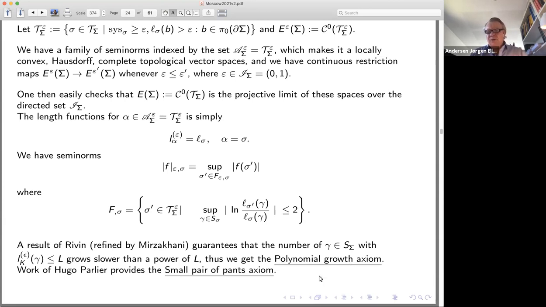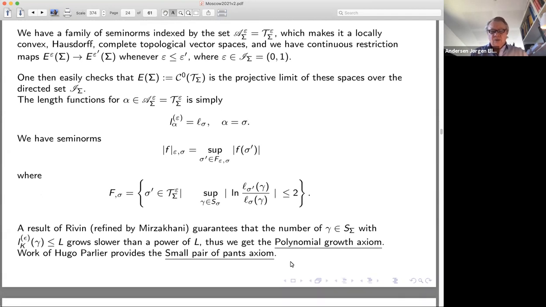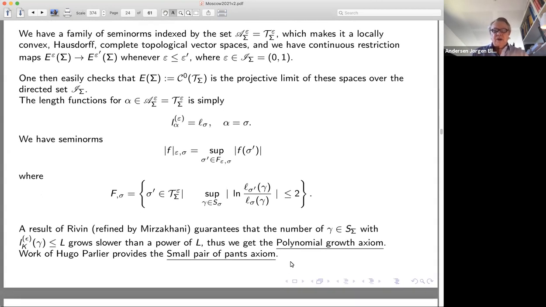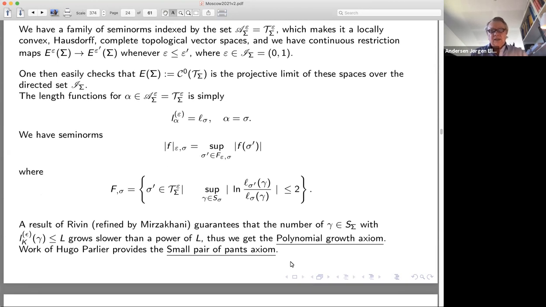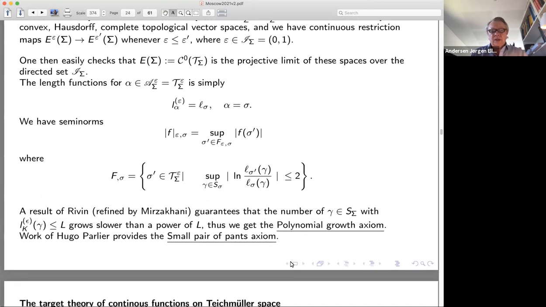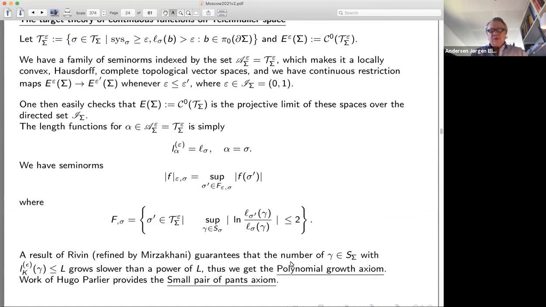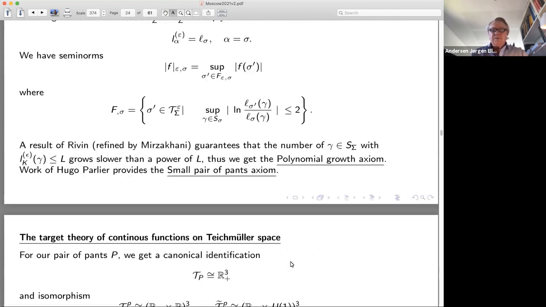And then there's a further one, that there should only be finitely many what we call small pairs of pants. I will get into that if I get to the precise axioms of our theory. But Hugo Parlier has proved that axiom for us. Actually, it was proved prior to us looking at this. Okay, so that's the setup with the semi-norms precisely.